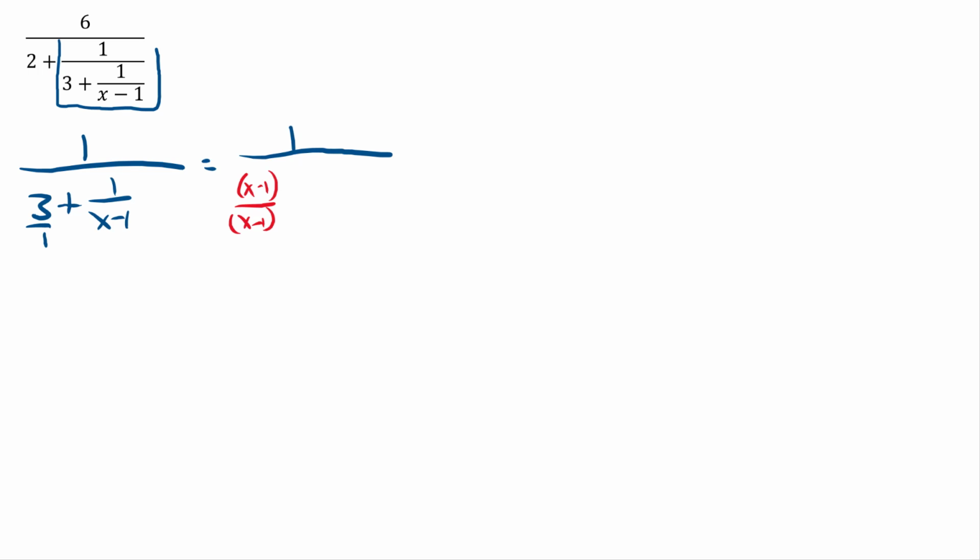We're going to multiply that by 3 over 1 plus 1 over x minus 1. With that, we get a common denominator on the bottom, so we should get 3 times x minus 1 plus 1, all over x minus 1.